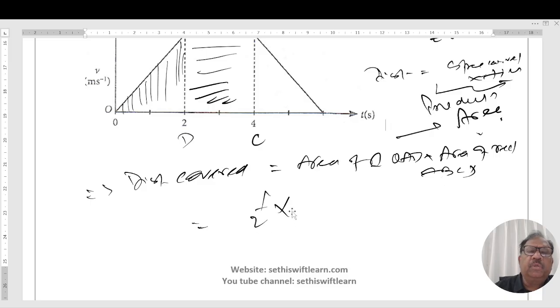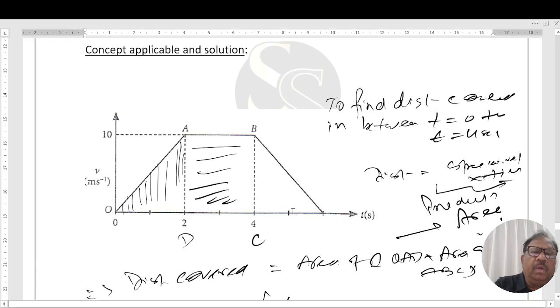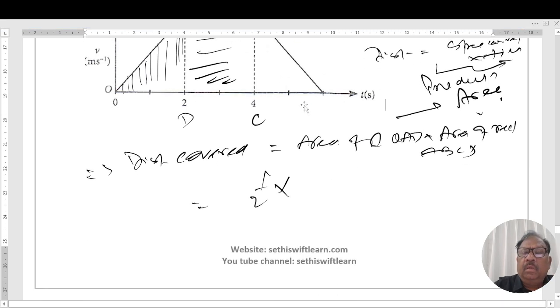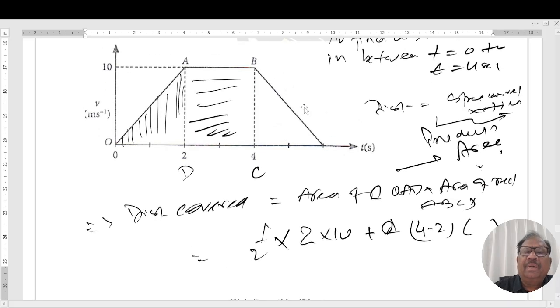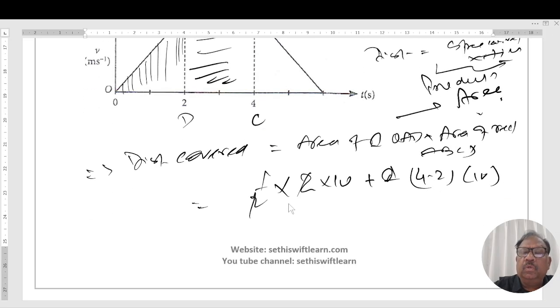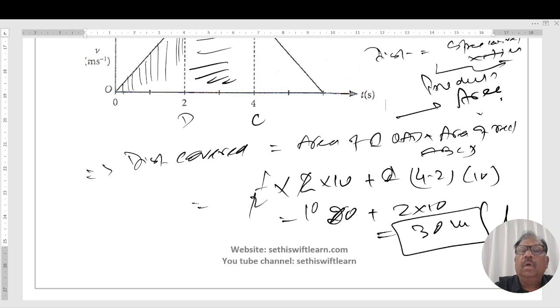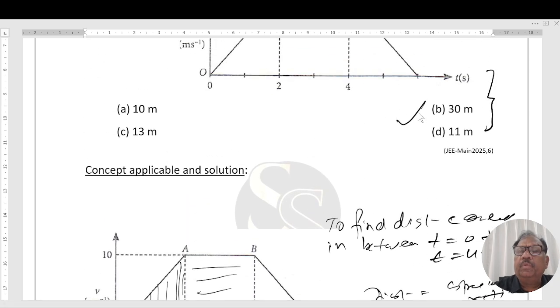Half base into height, base is 2, height is 10, half into 2 into 10 plus area, 4 minus 2 into 10. This two goes, this comes to 20 plus 2 into 10, that is, this comes out to be 10, 30 meter. This is the answer. B option is the correct answer, right?